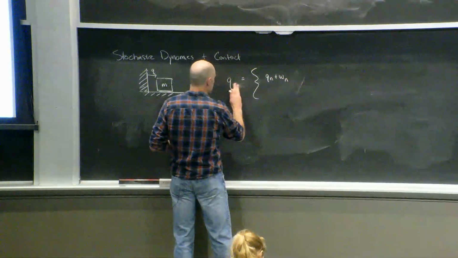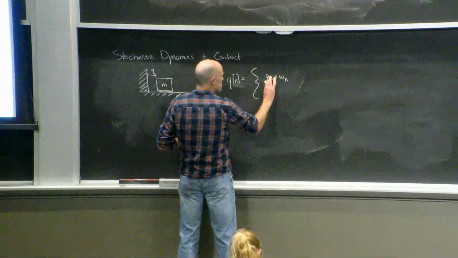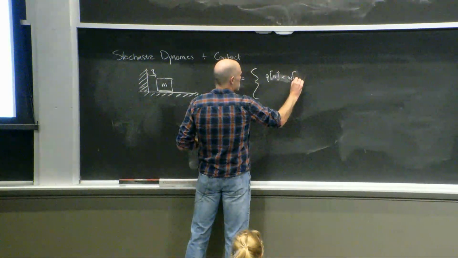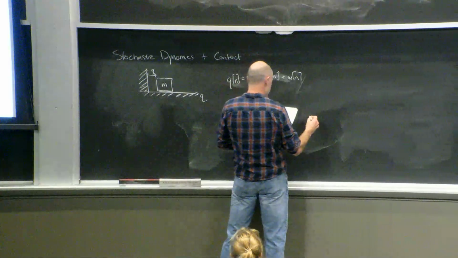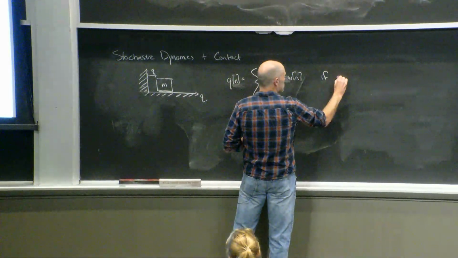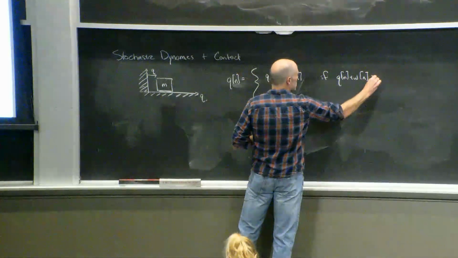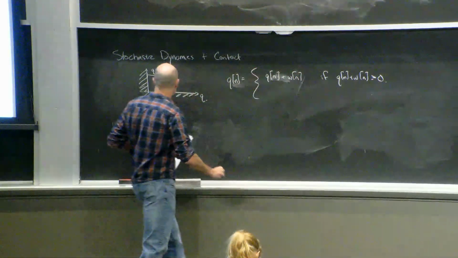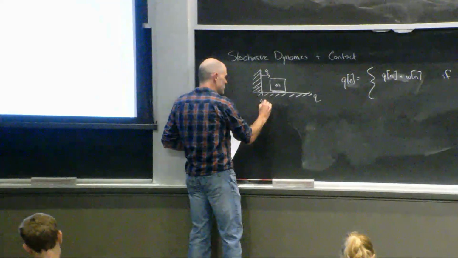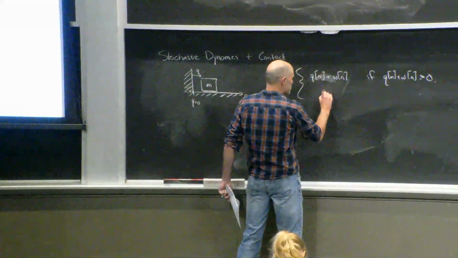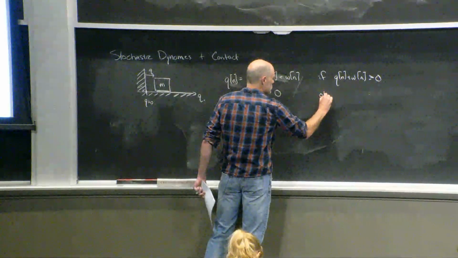I guess I changed notation, sorry. If that's... we'll just say the wall's at 0, okay? I'll call that Q equals 0. And otherwise, it's going to be exactly at the wall.